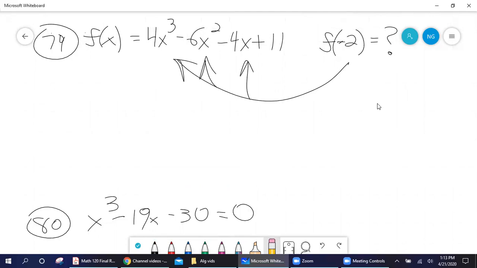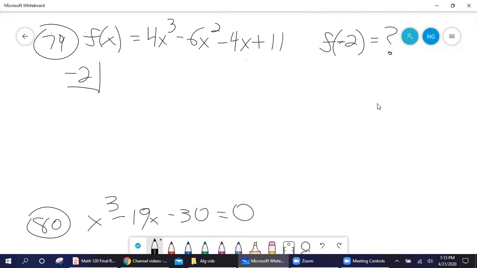But it wants us to show that we would get it with synthetic division. So f of negative 2, that means negative 2 is what I'm going to divide into. I do not need a placeholder on this problem. Whatever I get for a remainder, that's going to be what I care about here.